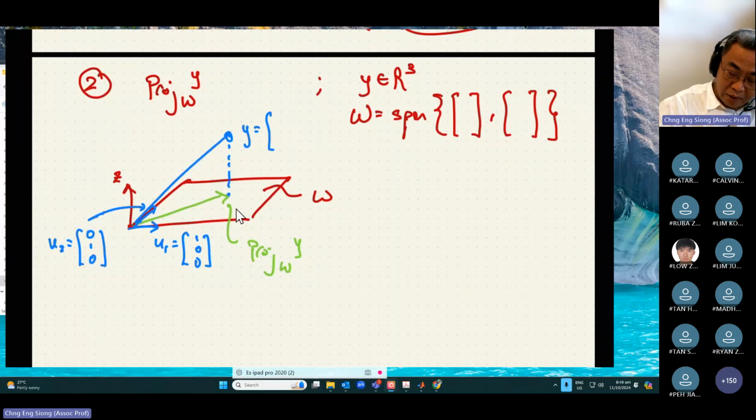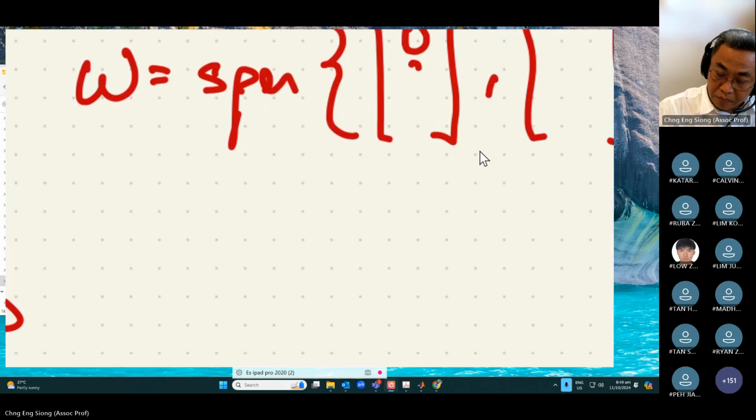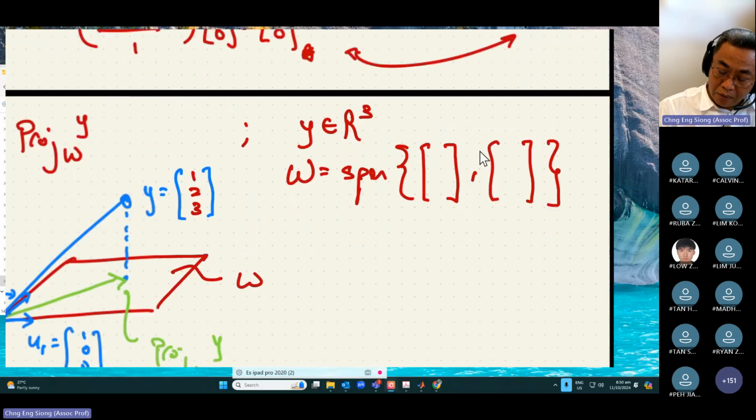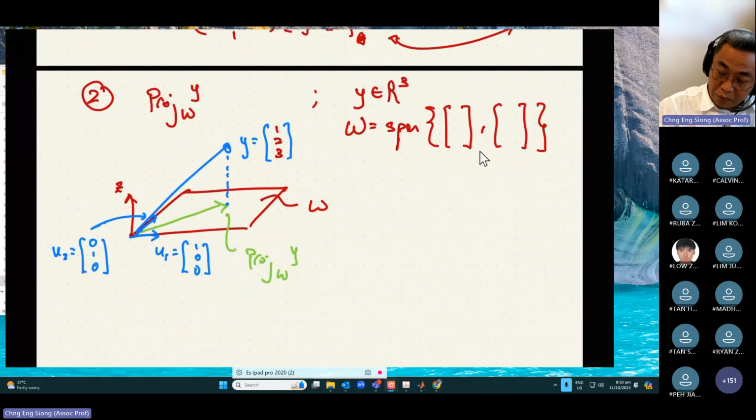Example again is 1, 2, 3. The first basis is U1, which is 1, 0, 0, and 0, 1, 0.